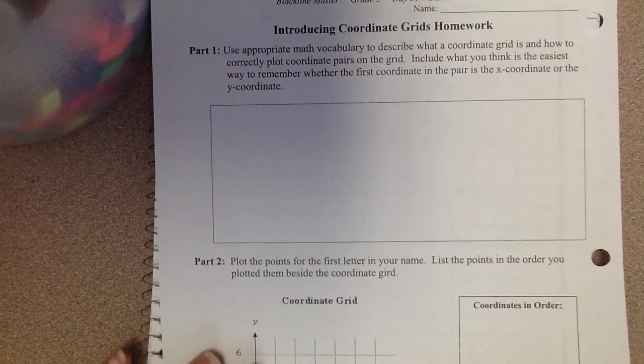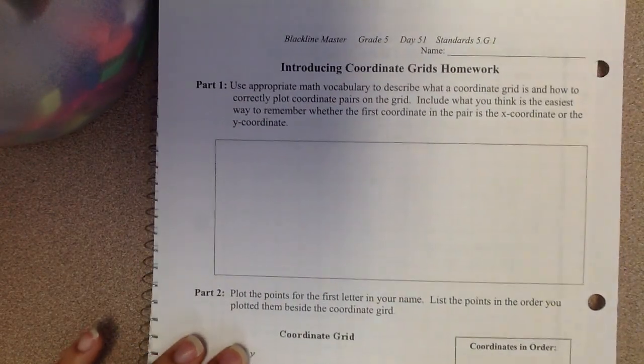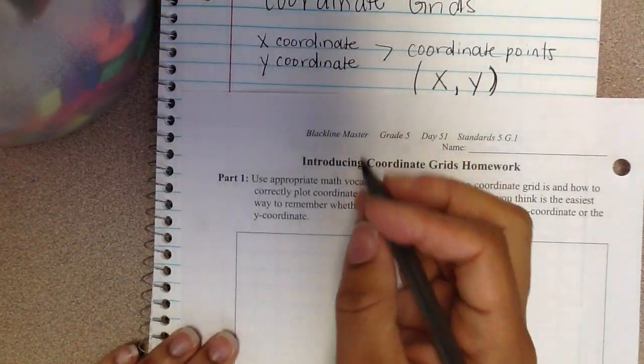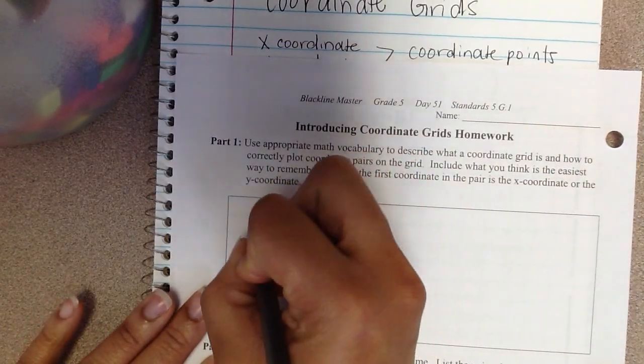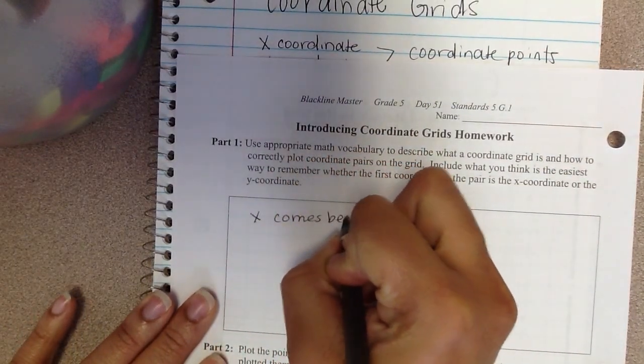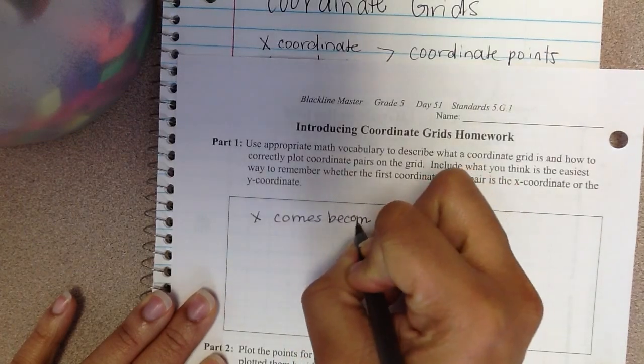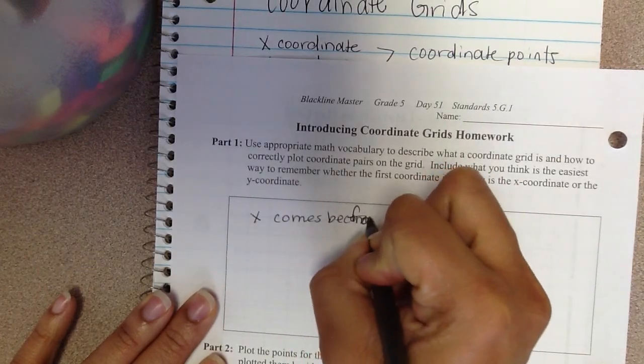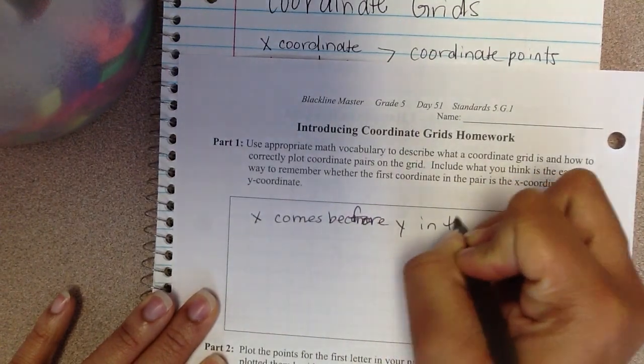Alright? We're going to go over the Introducing Coordinate Grids homework, and it wants us to use a way that we could describe how to remember X and Y coordinates. One way that I like to remember is X comes before Y in the alphabet.